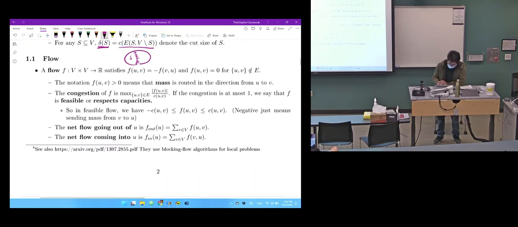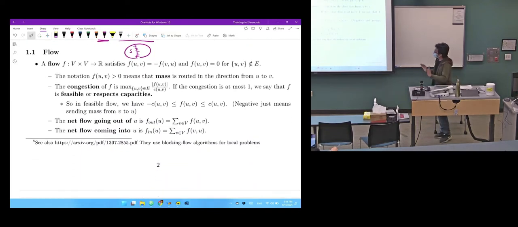So now, flow. The notion of what I will call flow here is going to be very flexible, much more flexible than in a basic algorithms class. Flow is really just a function that maps a pair of nodes to a real number.